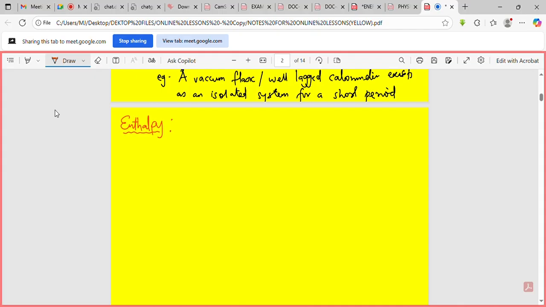Now, the enthalpy tells you the total heat content in a system at constant pressure. It's just like the total money you have in your account. You indicated that the money the person has in his or her account is what you are going to rely on to say the person is rich or poor. And the amount of money you have in your account, in the context of chemistry, is called enthalpy.